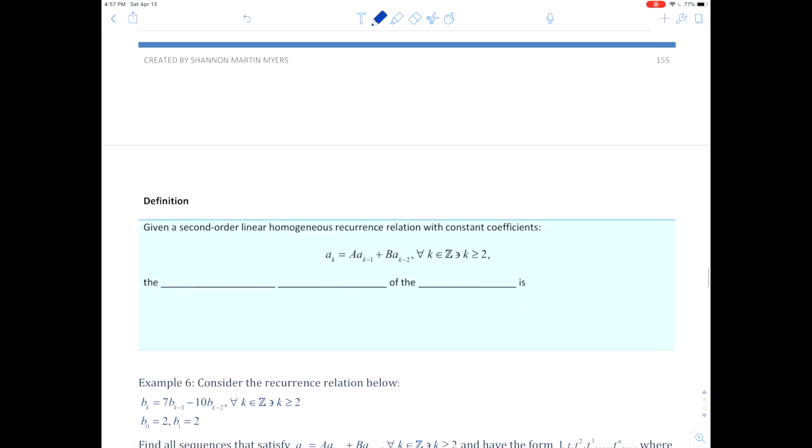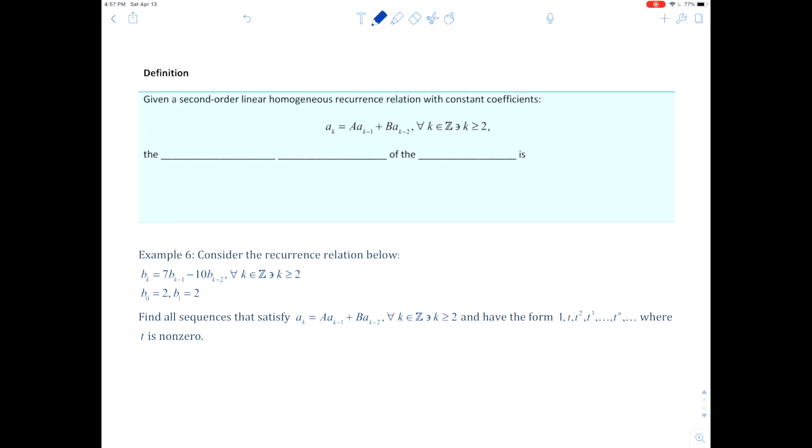So here we go. We'll start with another definition. Given a second order linear homogeneous recurrence relation with constant coefficients, so this is just the same format we've been looking at, in the same conditions, it turns out that the characteristic equation of the relation has a name, and it is this one: t squared minus a times t minus b is equal to 0.